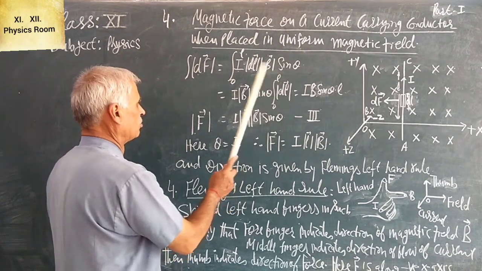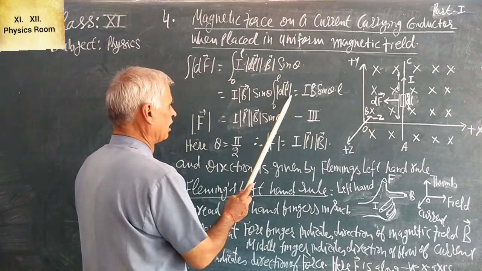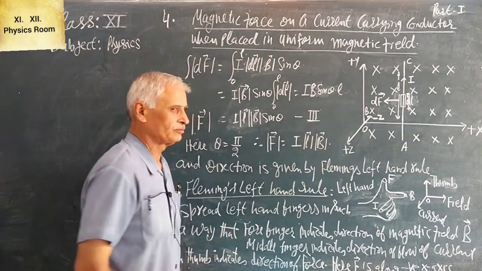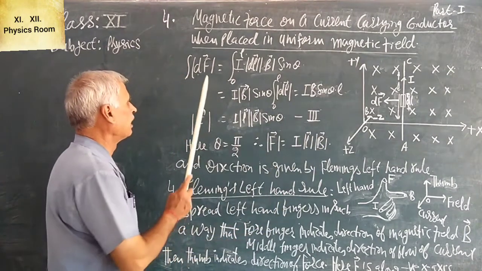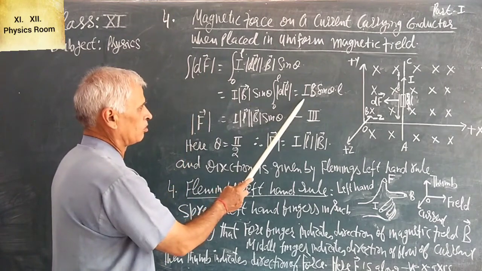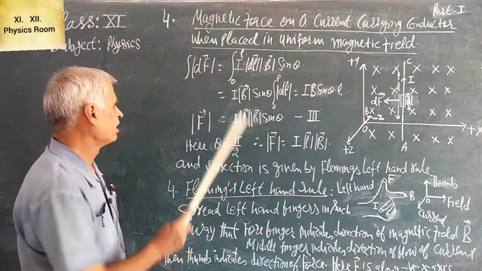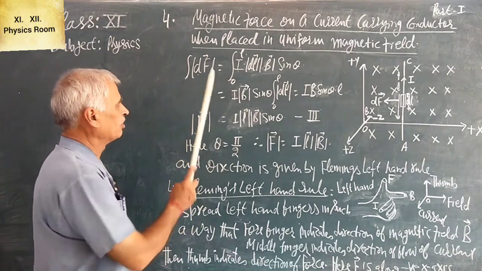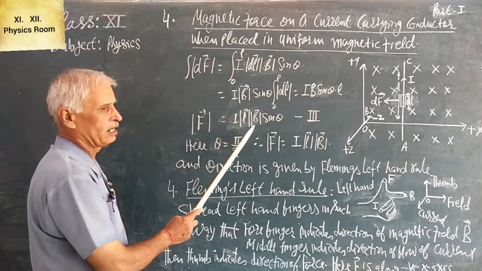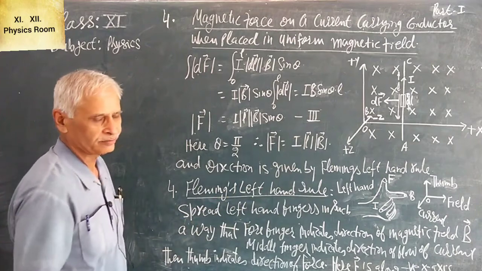We take the constants out of the integration, and integration of dl from 0 to L becomes L. So integration of mod dF is I B sin theta times L, and integration of mod dF is F. So we can write mod F equals I mod L mod B sin theta. Let us mark it as equation number 3.